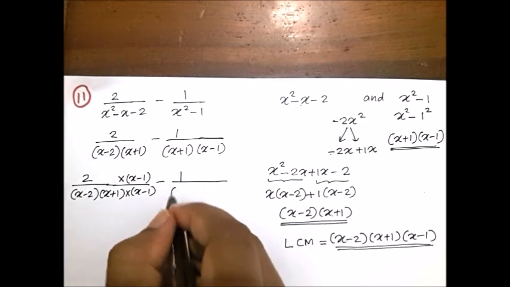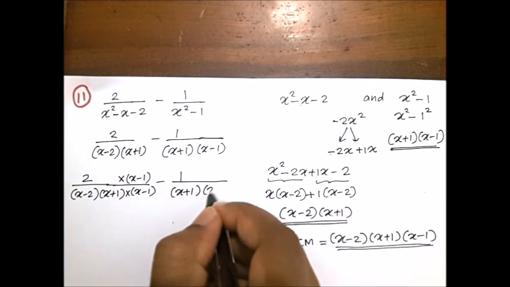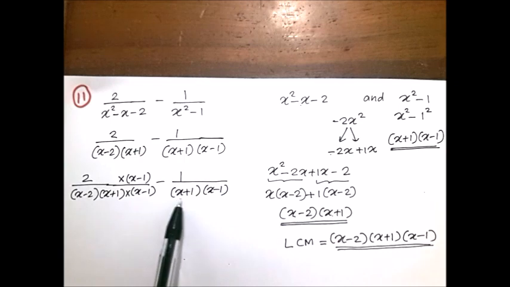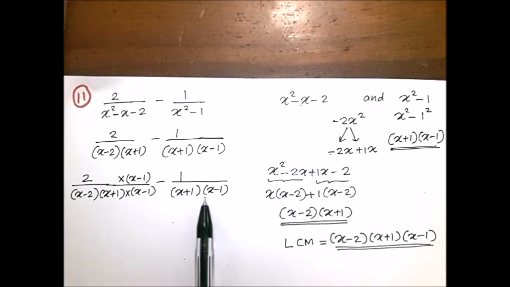Now look at the second fraction. Here the denominator is (x + 1) and (x - 1). To convert this denominator into this one, what extra term do you have to add? (x + 1) is here and (x - 1) is also there. The extra term is (x - 2).